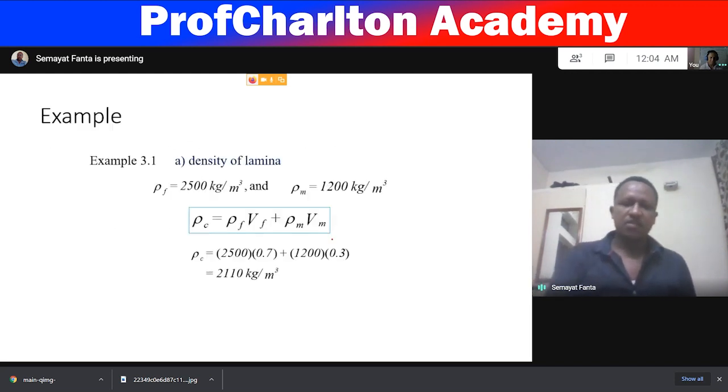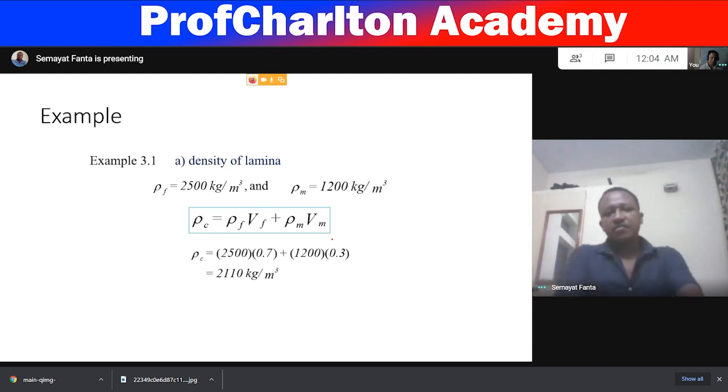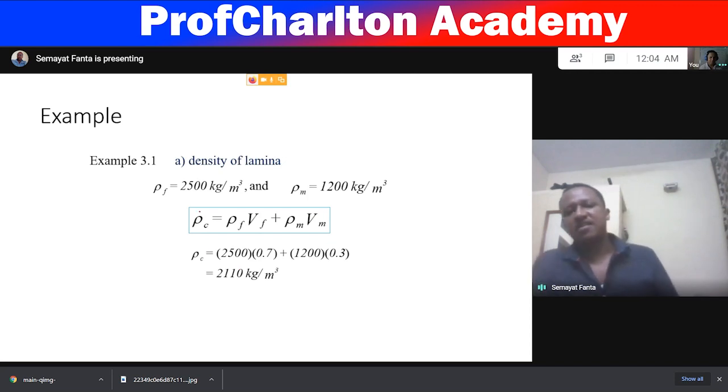So the solution will be that density. So from table 3.1, density of fiber, and density of matrix. Actually, this density of matrix is from table 3.2. So density of fiber is this, and density of matrix is this.